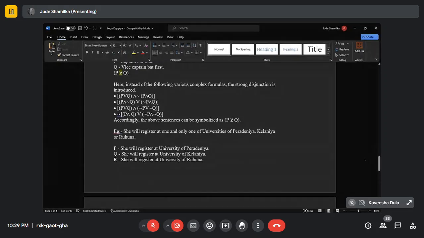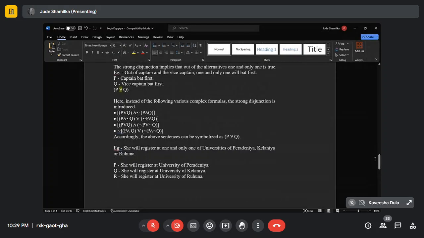here, if we take the above example, captain bats first, vice captain bats first. So out of the captain and the vice captain, one and only one will bat first.